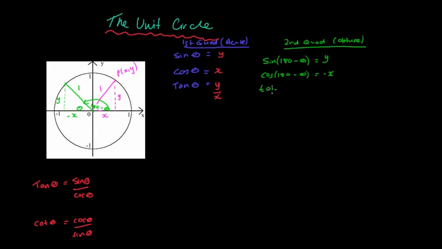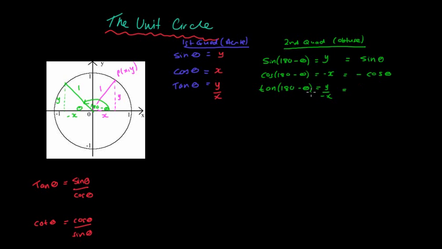And tan of 180 minus theta is y over minus x. So what we've actually worked out is that sine of 180 minus theta is the same as sine theta. They both have the same values. And cos of 180 minus theta is equal to negative x, so negative cos theta.